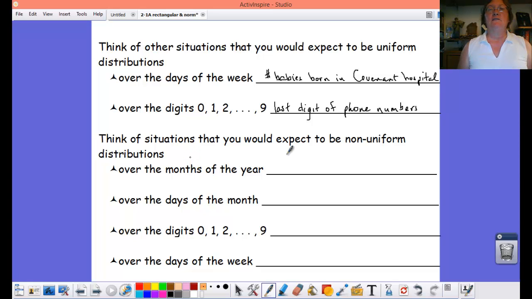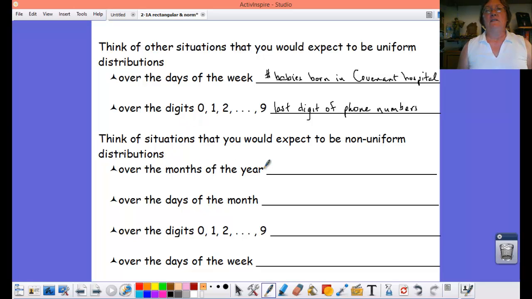Now I'd like you to look at this from the other direction. Think of situations that you would expect to be not uniform. That is, over the months of the year, something that changes month by month is not the same every time. Then over the days in a month, over the digits 0 through 9, and finally over the days of the week. I'll get you maybe started here.